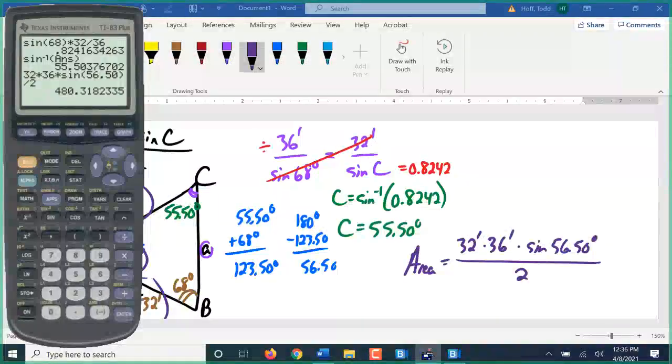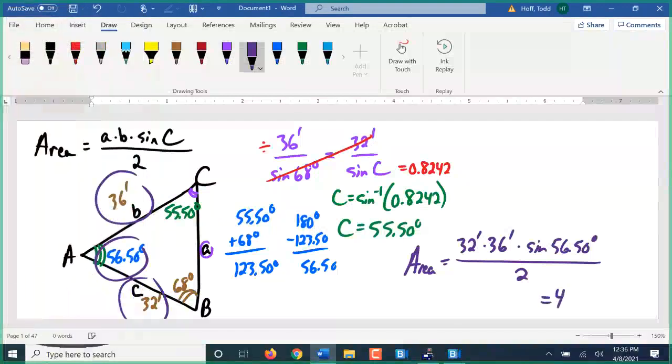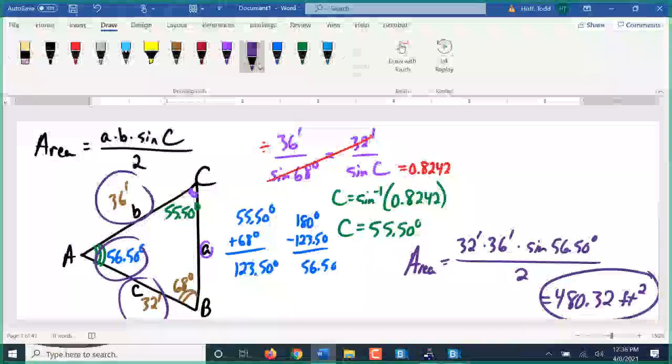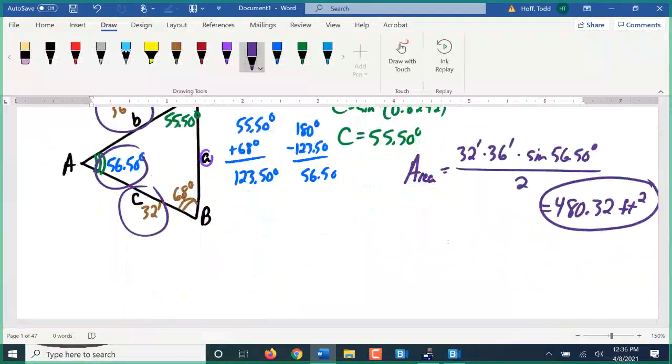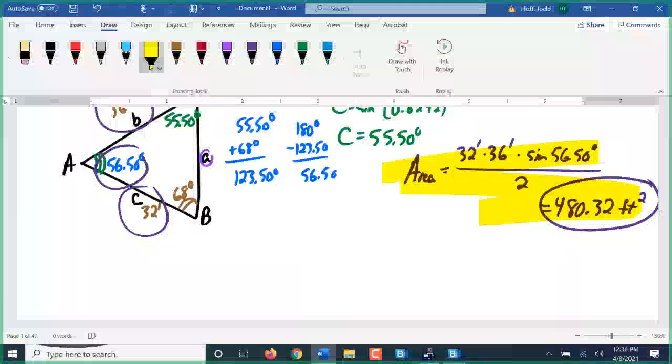Giving us 480.32. And those measurements are all in feet, so this will be square feet area. So not necessarily able to just pick the information out and apply the formula. There will be times where we have to go through a process to get the information we need in order to apply that formula.